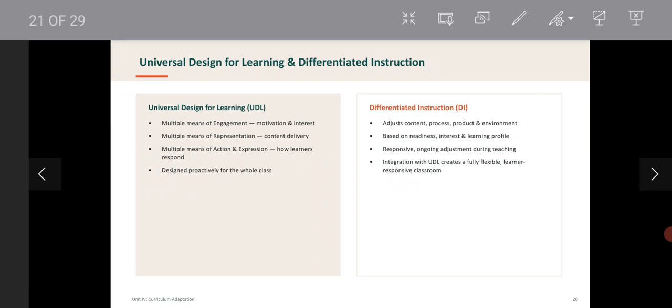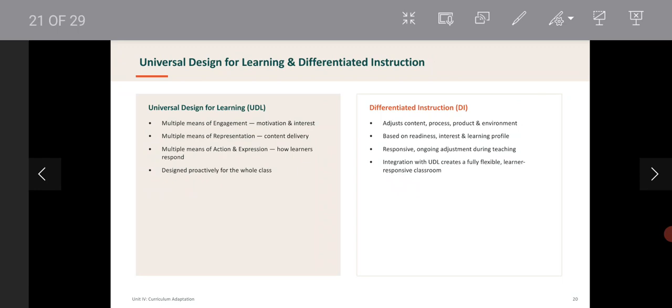So, teachers can differentiate content, process, product according to the student's readiness, interest, learning profile, which helps growth, motivation, efficiency.